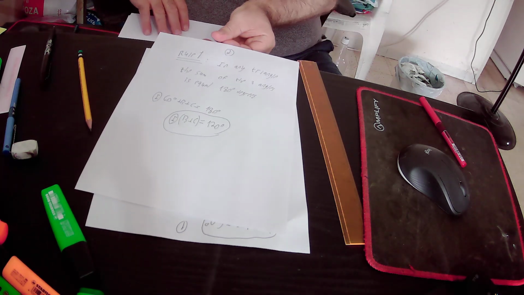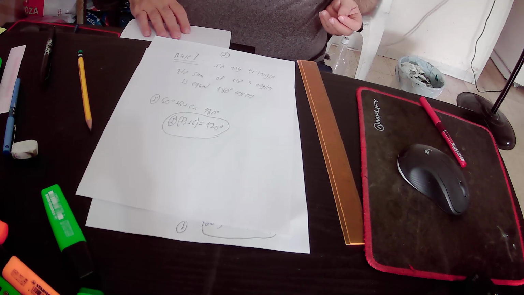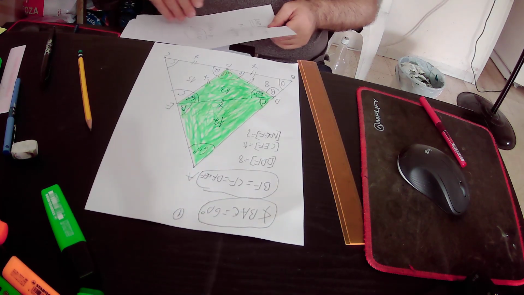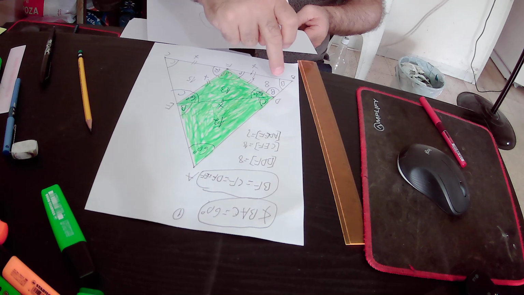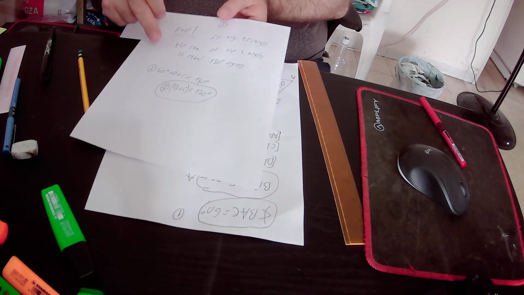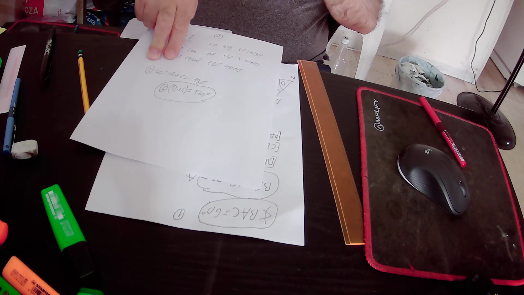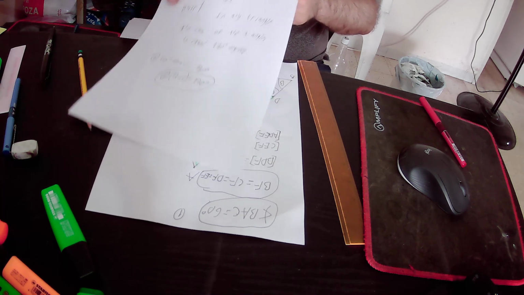Rule number 1 states that in any triangle the sum of its angles is 180 degrees, and especially it is true in triangle ABC: 60 degrees plus angle B plus angle C equals 180 degrees. This is equation number 1. We subtracted 60 degrees from equation number 1 and got that B plus C equals 120 degrees.